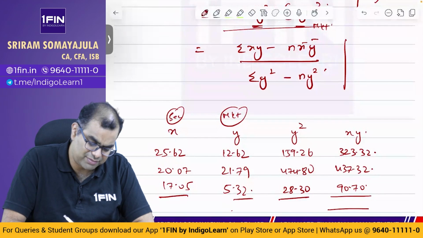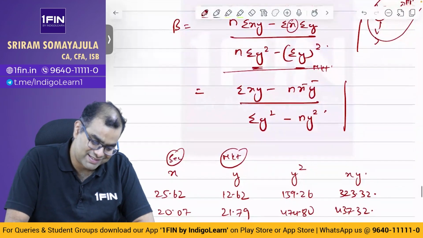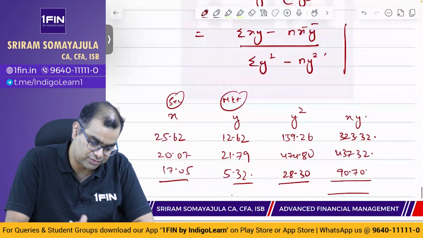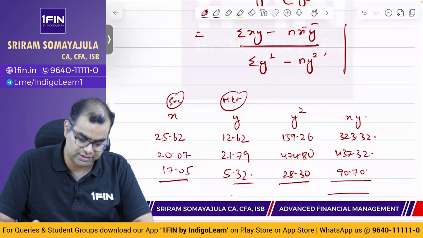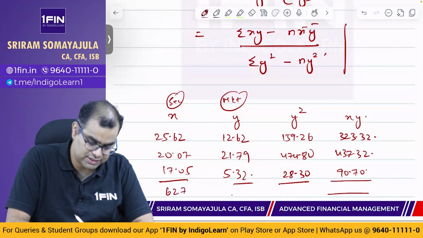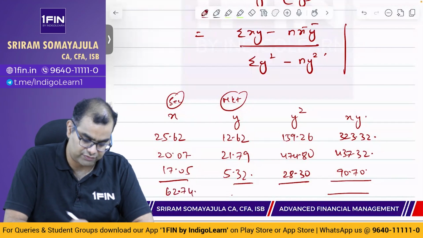Now sigmas, right? We need sigma xy, sigma x, sigma y, sigma y square, and sigma y whole square. Anyway, we'll do this. 25.62 plus 20.07 plus 17.05 is equal to 62.74.